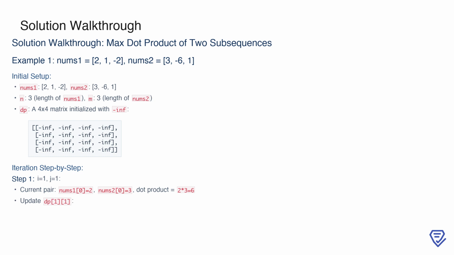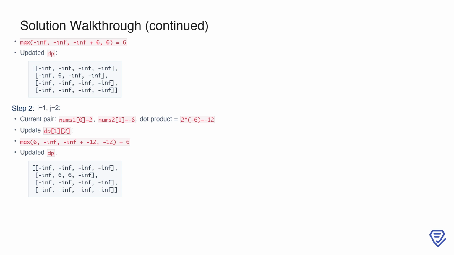This value is used to update dp[1][1], using the formula that considers 4 options: the current value of dp[1][1], the value above it in the table, the value to its left, and the value obtained from starting a new subsequence using the current pair. The maximum of these options is stored in dp[1][1]. Here, we compute the maximum value for dp[1][1] as 6, and the updated dp table reflects this change.